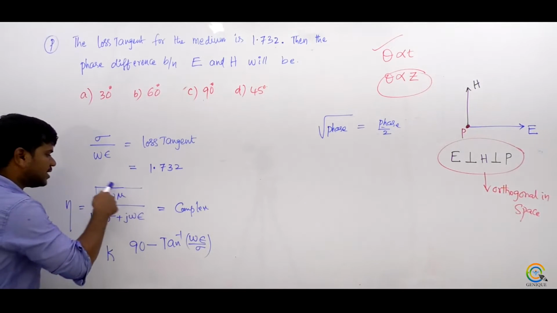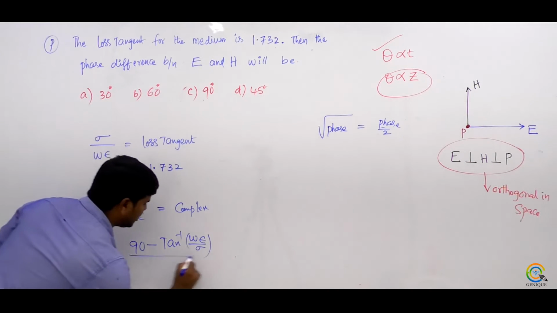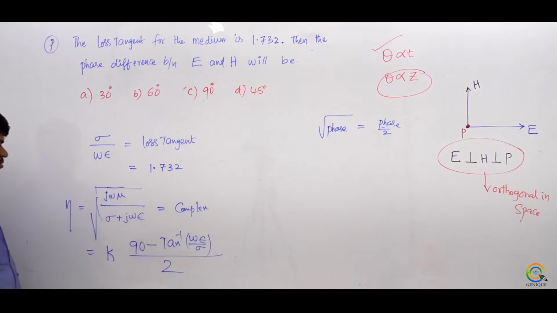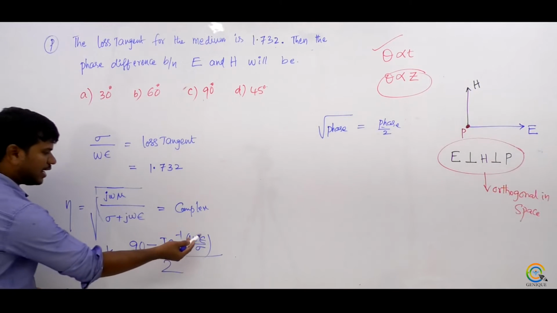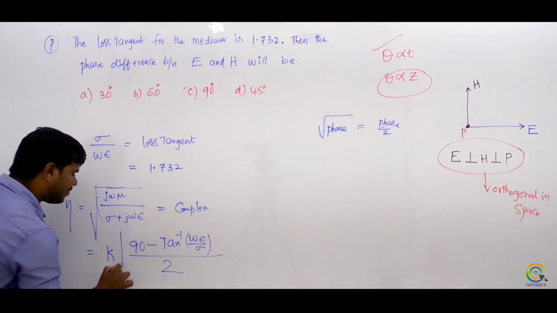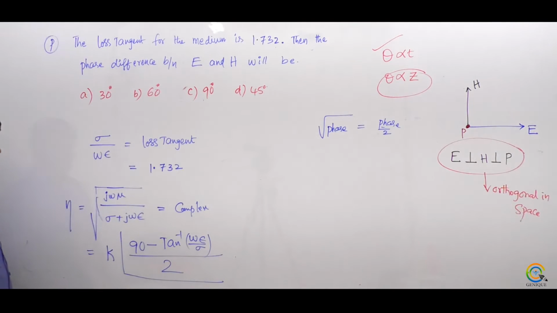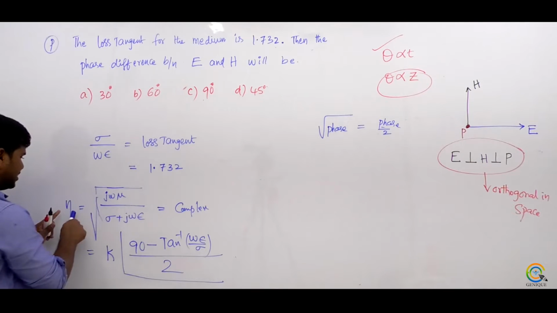But this entire term is in this one, so that's why you can write by 2. Understand? So that means this is the magnitude, and this entire one is a phase. This is eta.